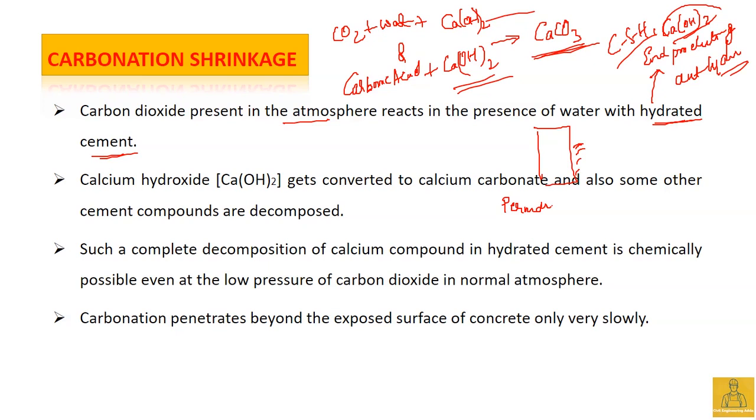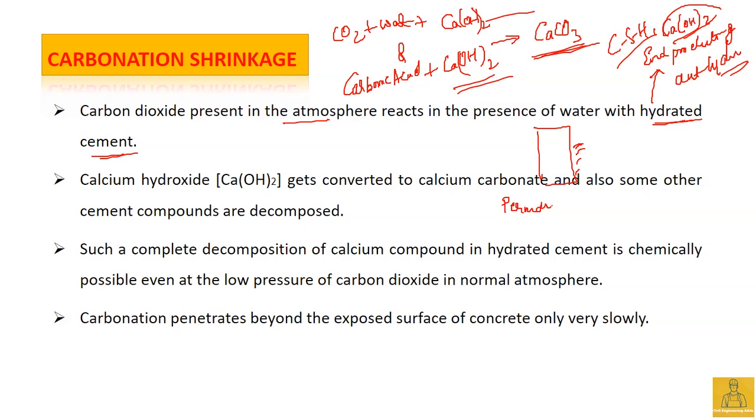Since the permeability of concrete is governed by the water by cement ratio, we also need concrete with a low water by cement ratio. Because we know there is a relation between permeability and water by cement ratio.